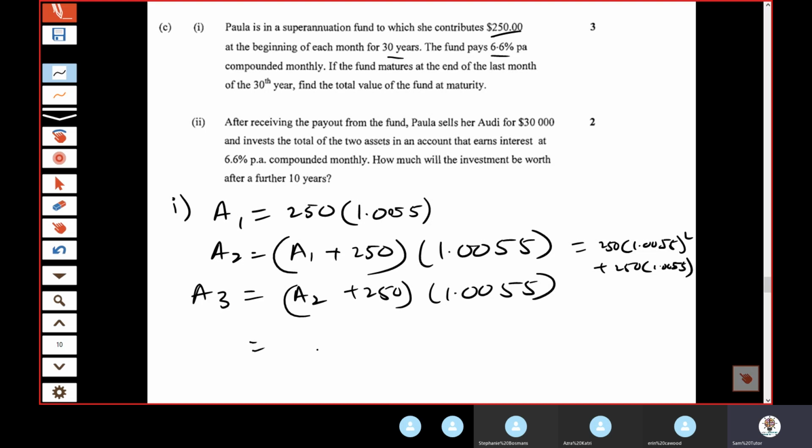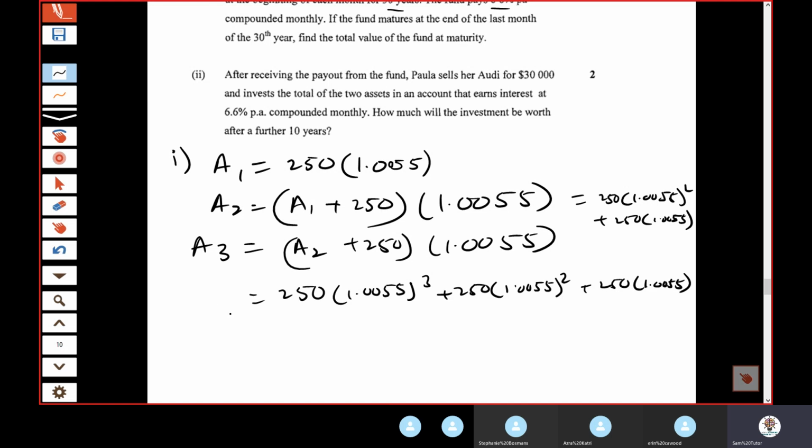So that means straight away A3 is going to be 250 times 1.0055 cubed plus 250 times 1.0055 squared plus 250 times 1.0055. Which makes sense. At the end of the third month, your first one grew for 3 months, your second one grew for 2 months, your last one grew for 1 month. Yes? And then I think we're pretty much done with that.